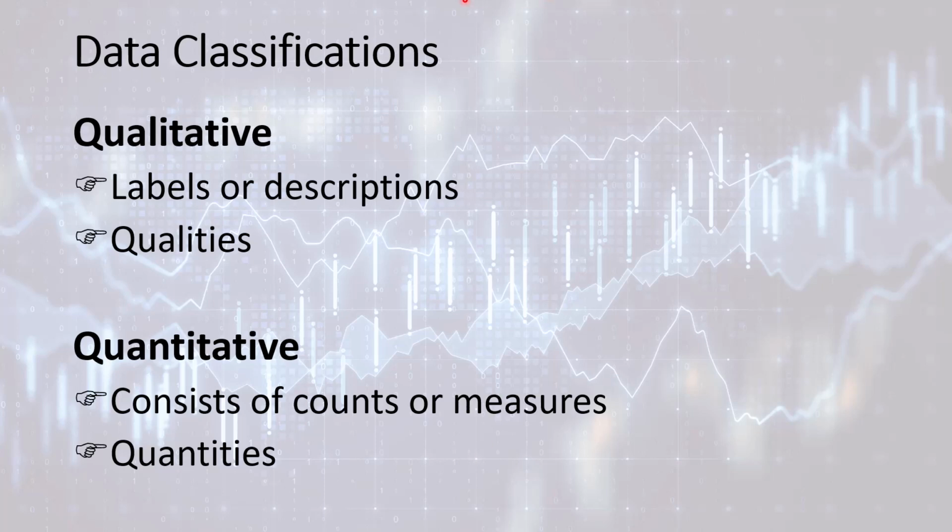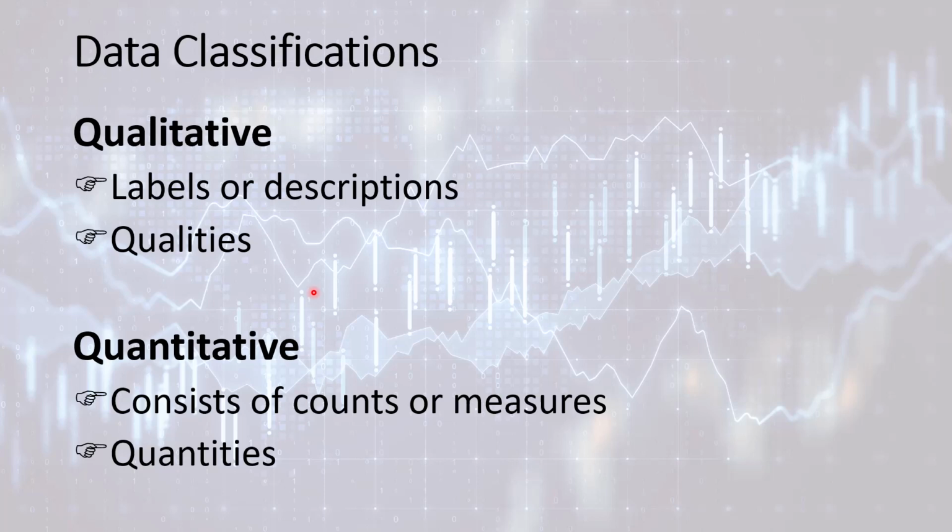However, a qualitative classification can either be a label or it can be a number if that number is being used as a label. So just because you see a collection of numbers, don't immediately think they're quantitative. If those numbers basically map to a description, map to a label, then that happens to be a qualitative assessment.